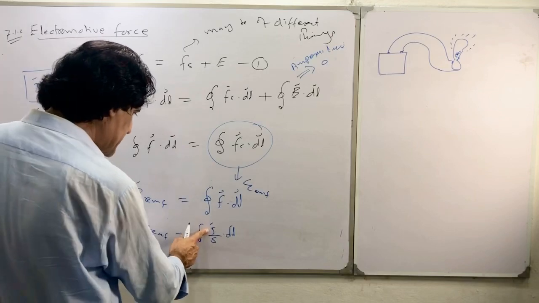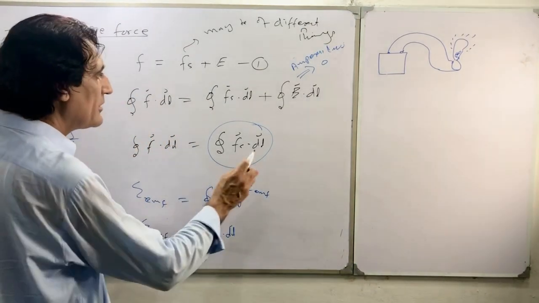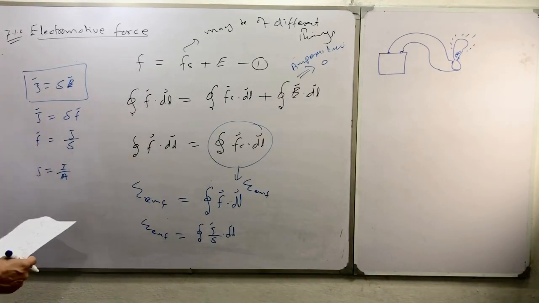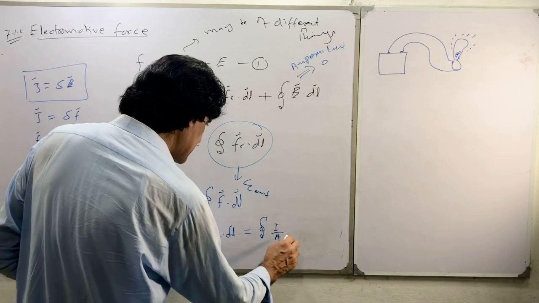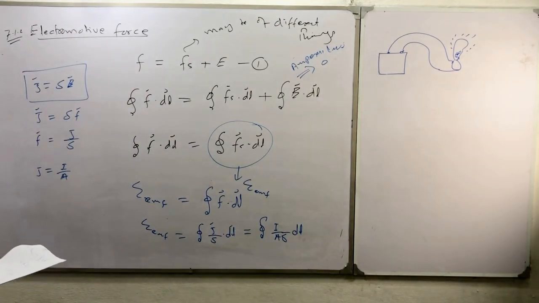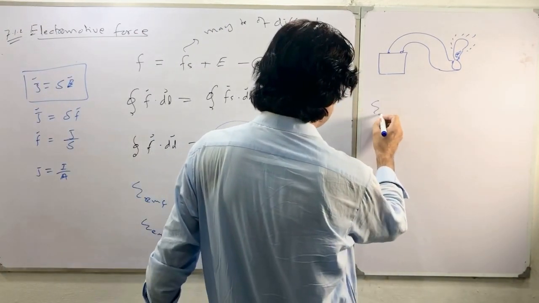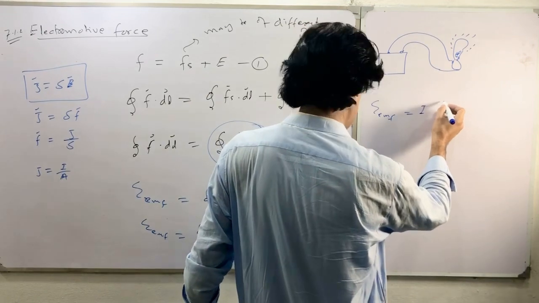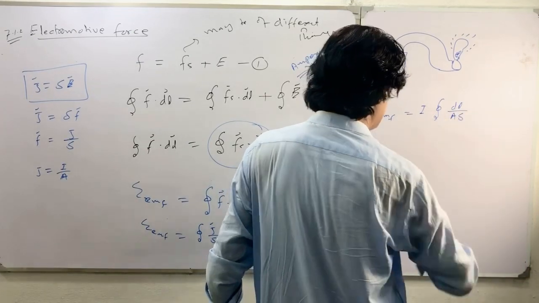We also know J, current per unit area. So we may write J is equal to current per unit area, I divided by A. Now the EMF is equal to, if the current is taken outside, I times the integral of dl divided by A sigma.